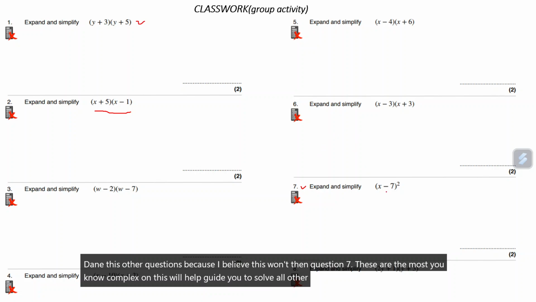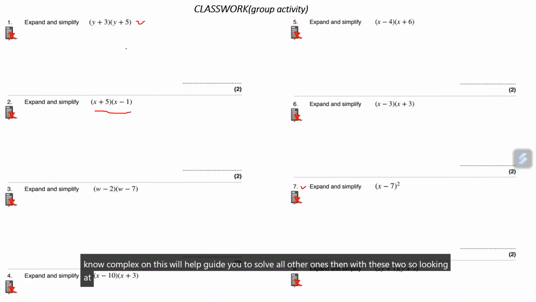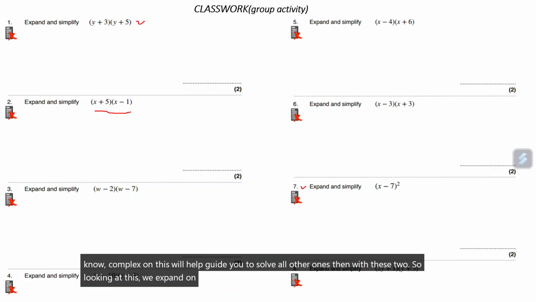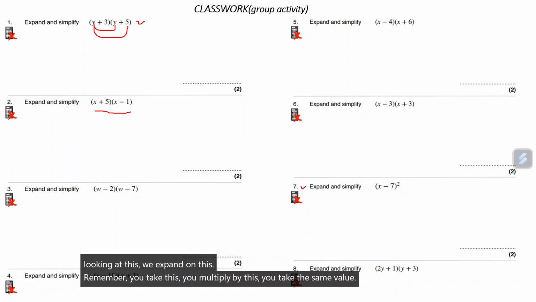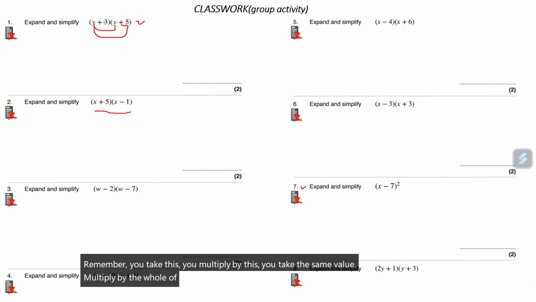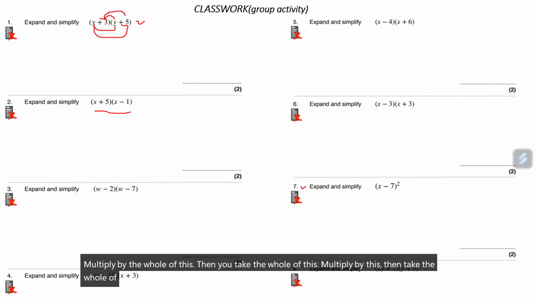So looking at this, we are expanding this. Remember, you take this, you multiply by this, you take the same value, multiply by the whole of this, then you take the whole of this, multiply by this, then take the whole of this, multiply by the whole of this number.